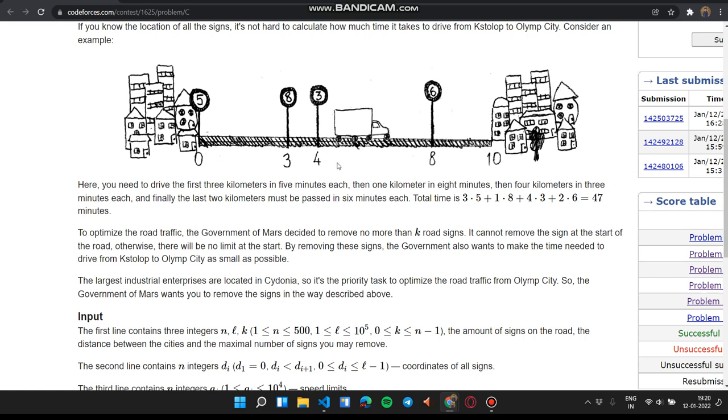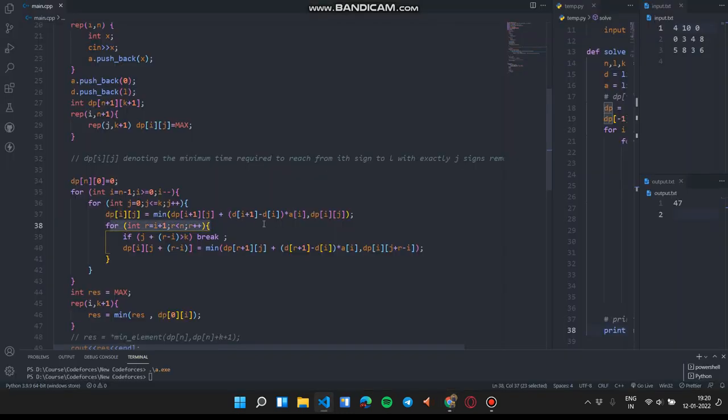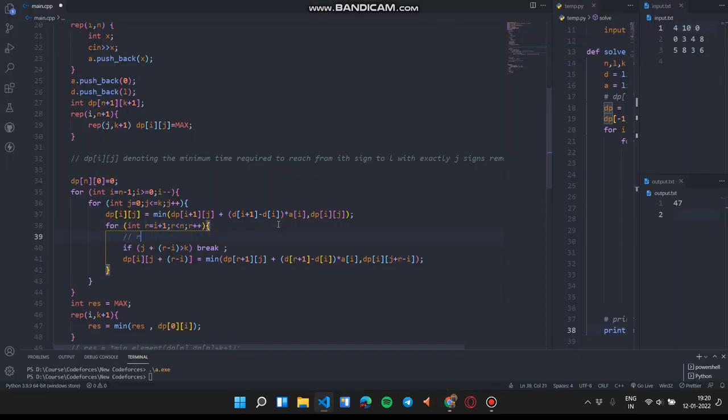If I stop at sign 4, so r will be 2. What I do is remove all the signs between i and r. So I don't remove the ith sign, I remove signs from i plus 1 up to r.